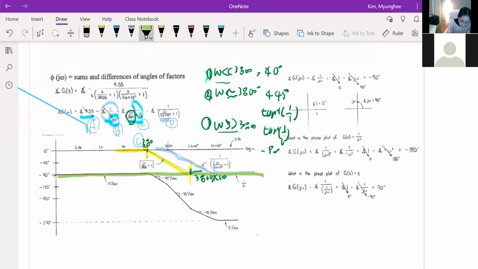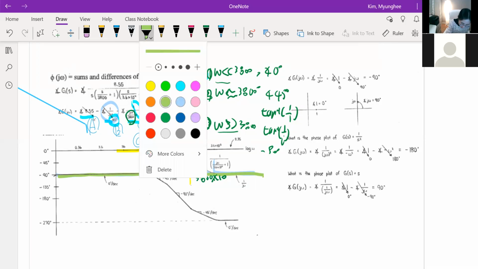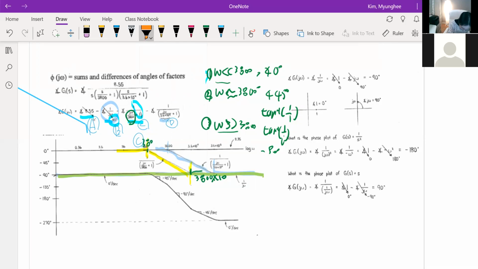So now what you need to do is add everything. Adding everything, starting from here, it decays negative 90. And then starting from here, you need to add this part to this part, so it becomes negative 90.